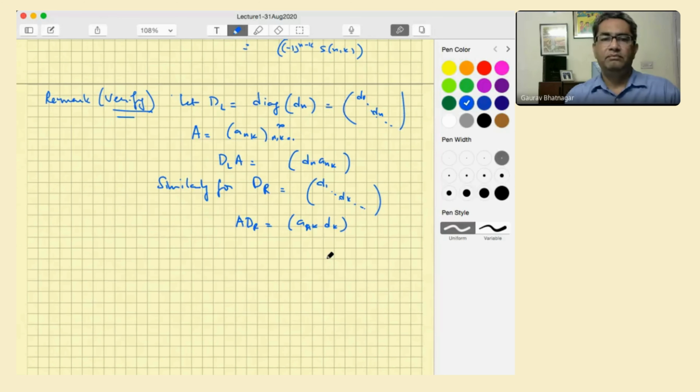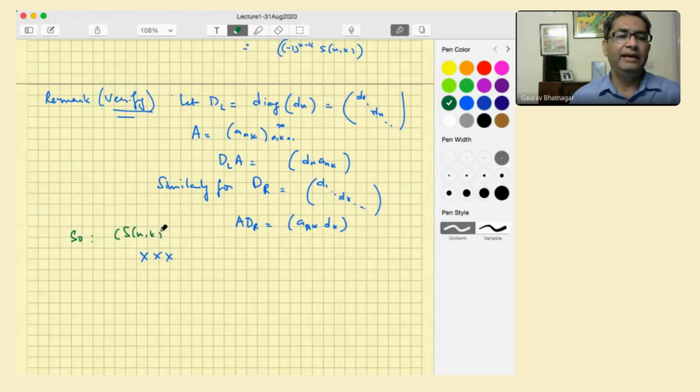Either way, the proof works. So this is how it's usually stated: S and K and minus 1 raised to n minus K, S and K are inverses.